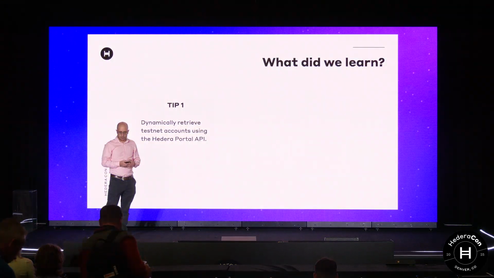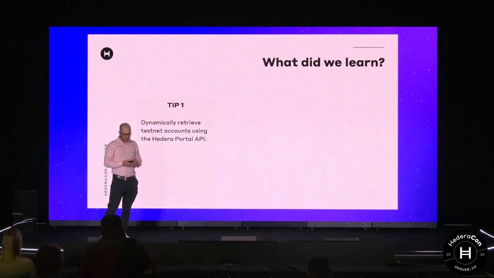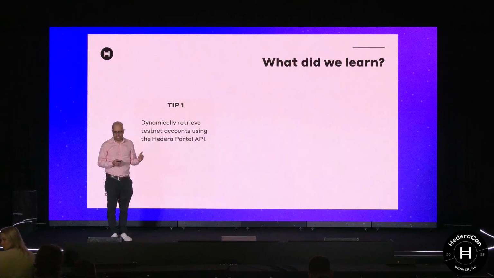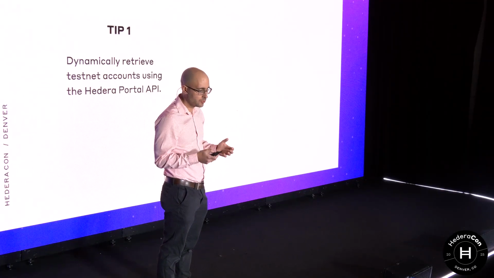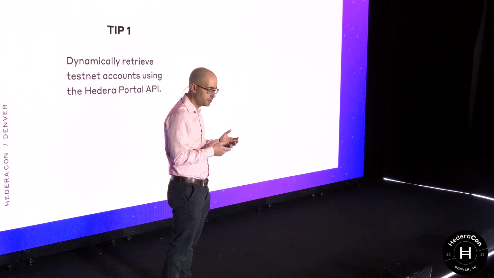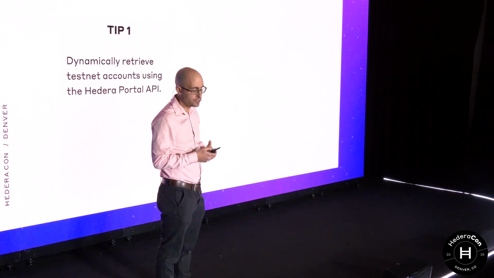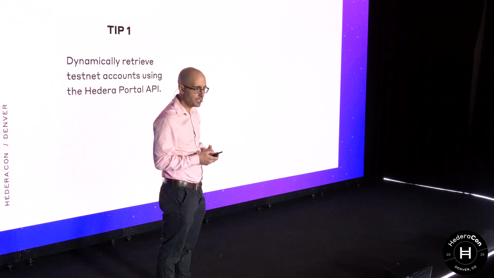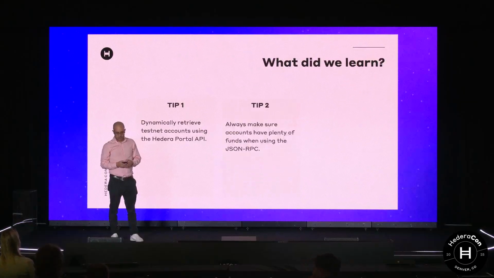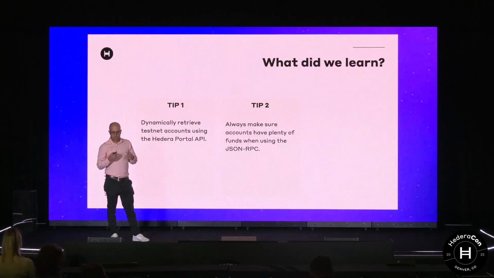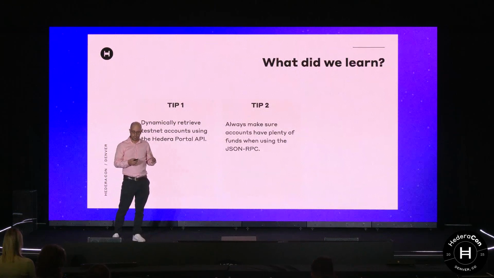So, quick recap of the whole presentation. The first tip was to dynamically retrieve your testnet accounts from the Hedera portal API at the beginning of your test suite, to handle all those resets that remove the accounts that you may have previously created. The second tip was to ensure that your local JSON-RPC node's operator account has enough funds to run all the tests that you need to run afterwards.